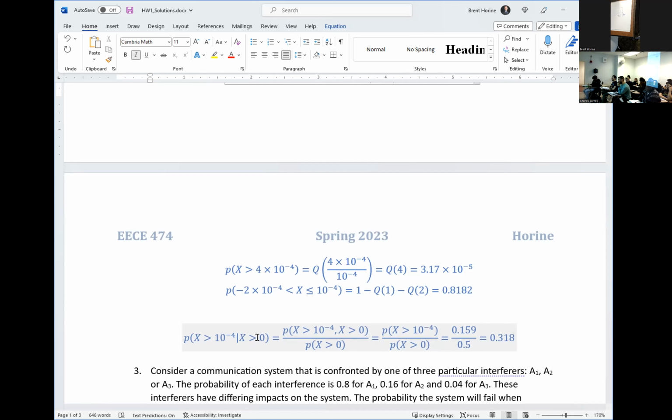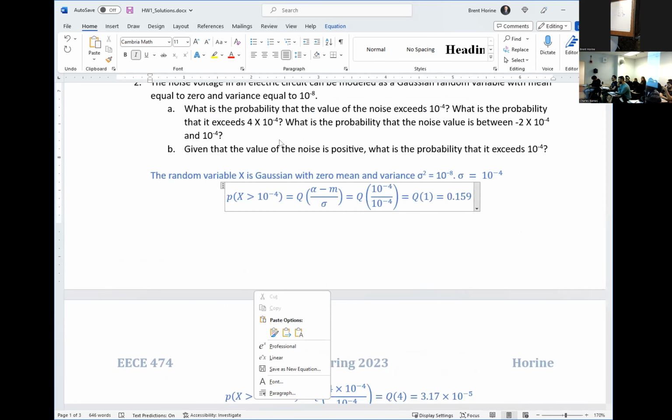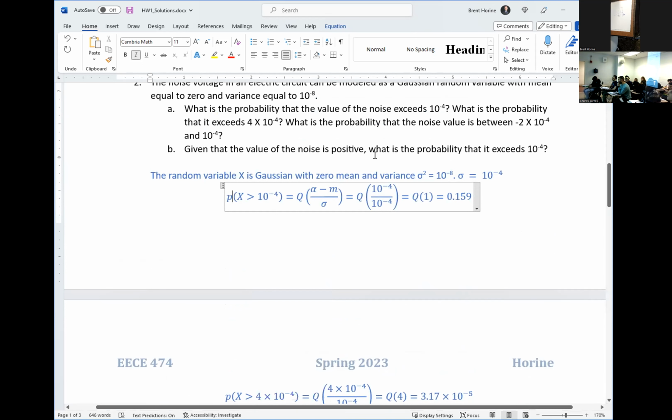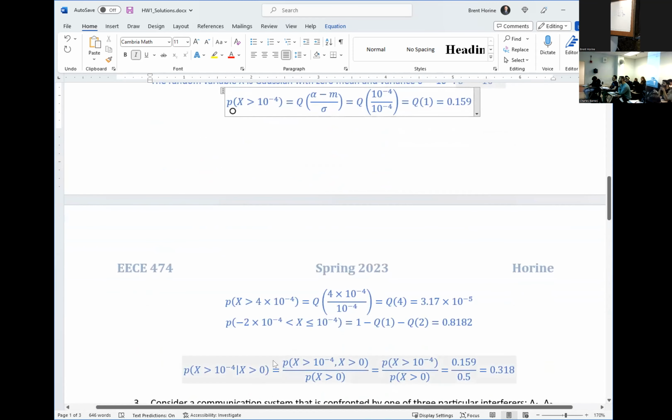Now, what is the remaining probability? I'm using that term loosely, but this is setting up a conditional probability, given that the value of the noise is positive. So that's that part of the conditional on the right-hand side of the vertical bar when we write that out. And then what is the probability that it exceeds 10 to the minus fourth? So we come down here.